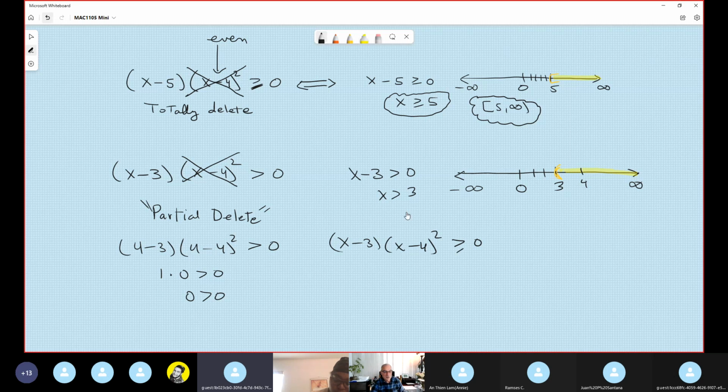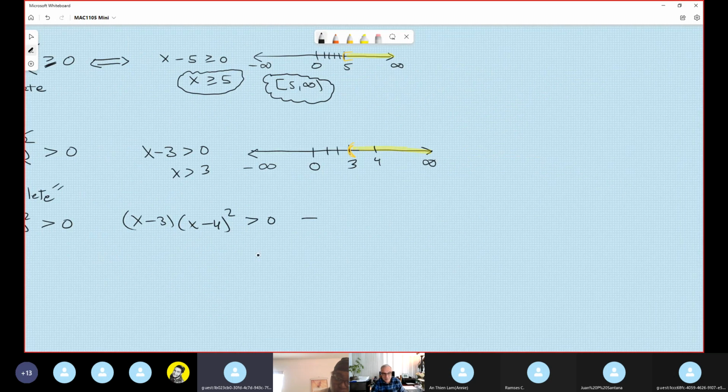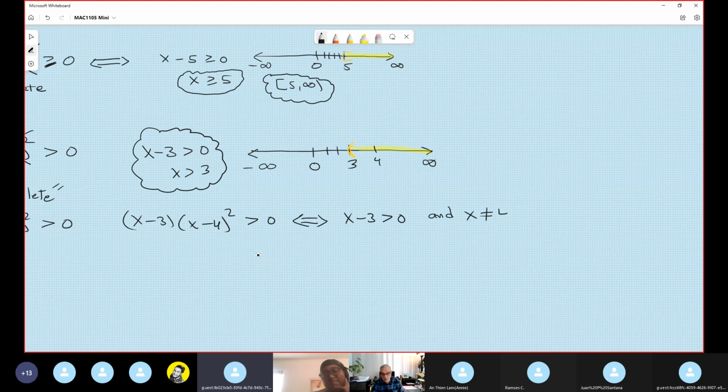If it is equal, totally delete, no problem. But when there's no equal, no. This statement is equivalent to x minus 3 greater than 0, exactly like that, but x not 4, sorry. It's the hole. Actually, at 4 we have a hole.